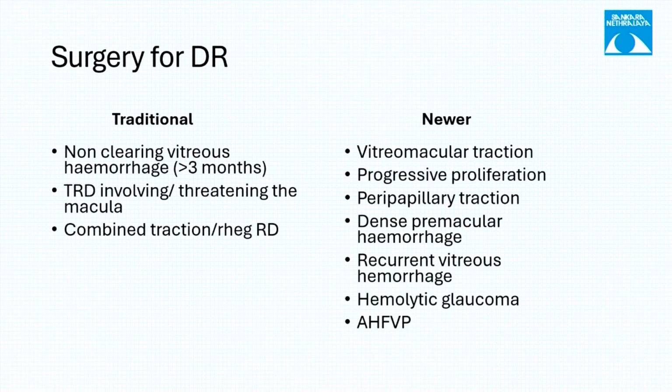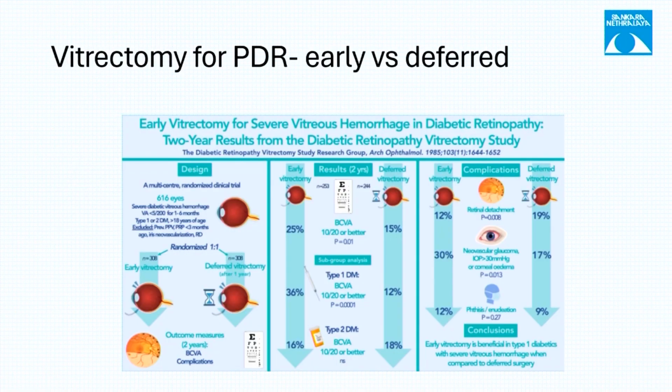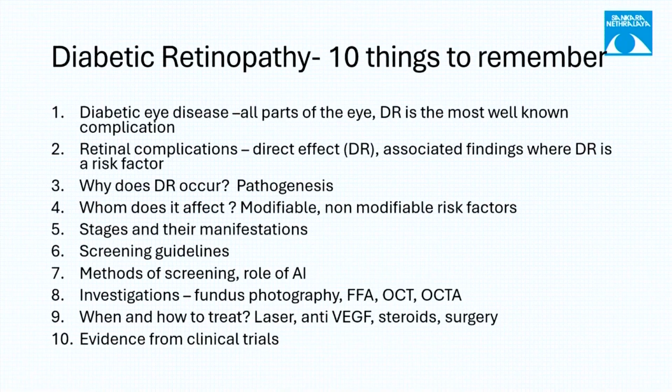We have various other indications, including even vitreomacular traction, progressive proliferation, and peripapillary traction. And vitrectomy for PDR, early versus deferred, this is a very old study from the pre-anti-VEGF era. It tells you that in type 1 diabetics, early vitrectomy is definitely beneficial.